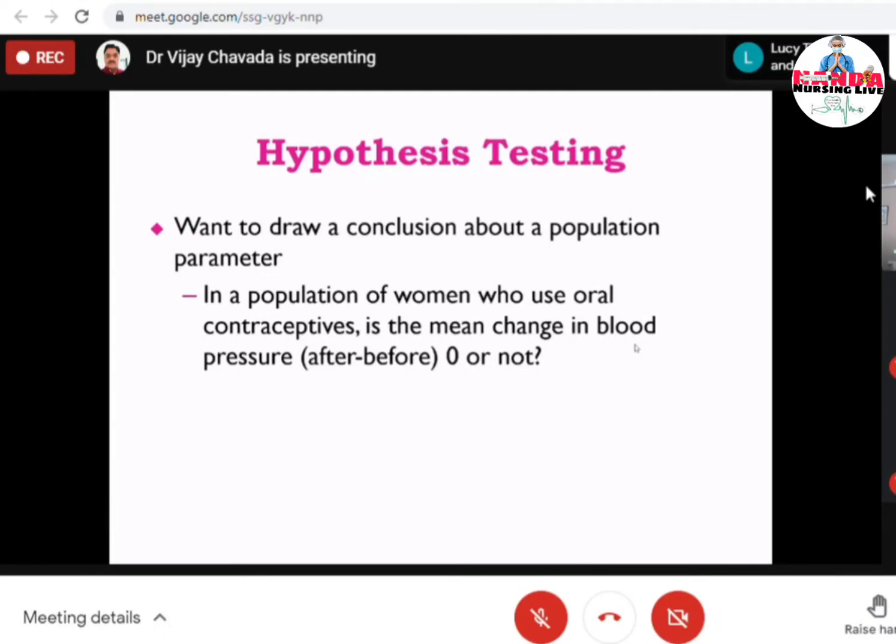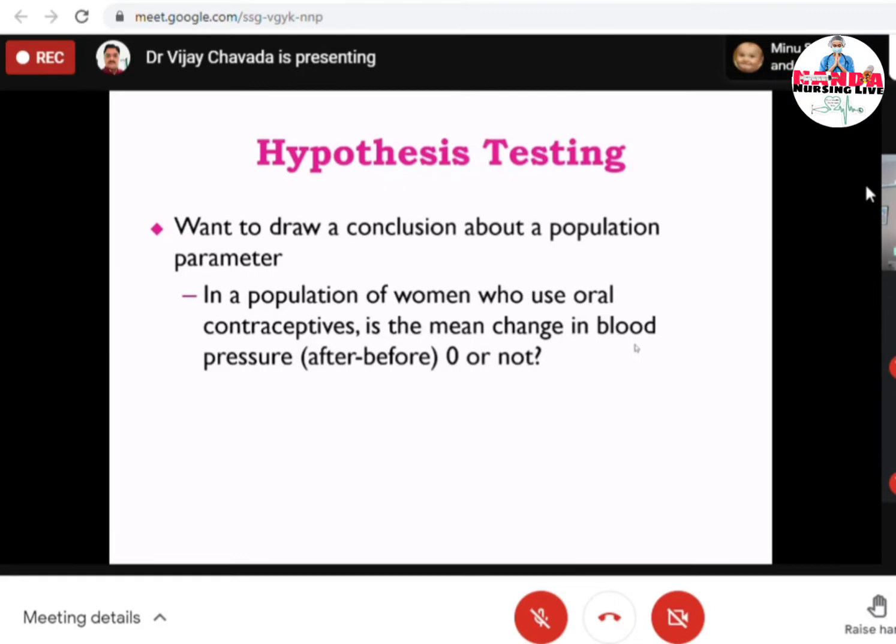Meaning females who are using oral contraceptives, and another group who are not using contraceptives, if we try to compare these two groups, my hypothesis is that there is an increase in the blood pressure among the women using oral contraceptives. Now to test this, I need a group which is not using oral contraceptives, right?